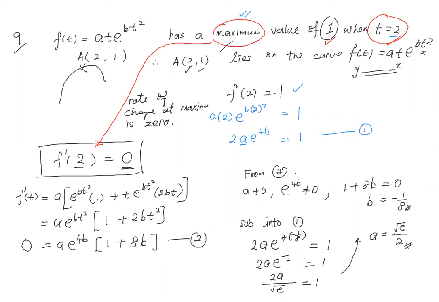I can think so much because the moment I say it has a maximum when t equal to 2, I know already the rate of change when t equal to 2 is 0. So I need a rate of change function. So do you know how important it is? Always ask, why must you find f prime x? What makes you think you must find f prime x? That is the reason.